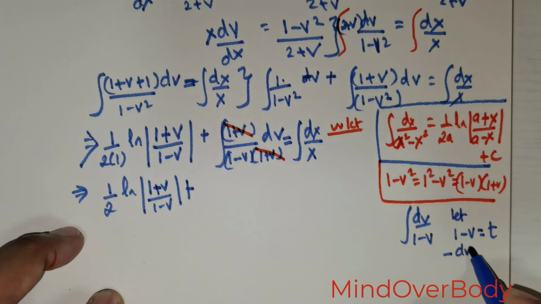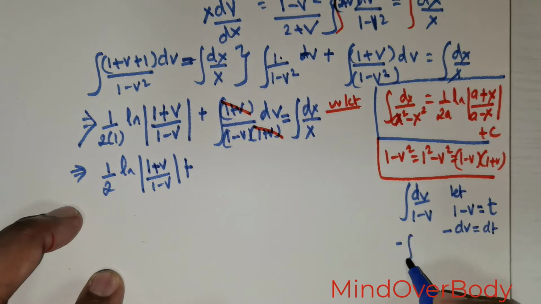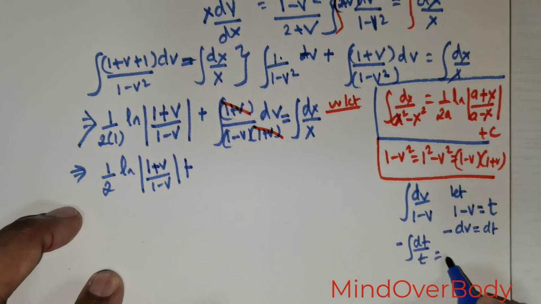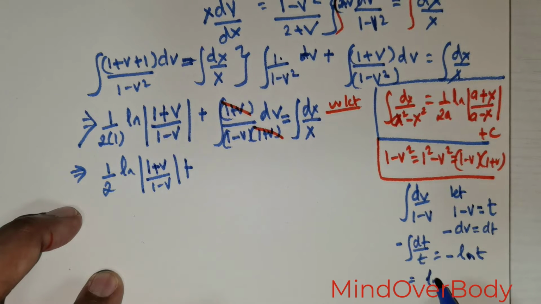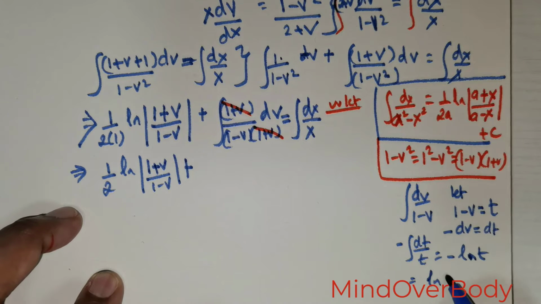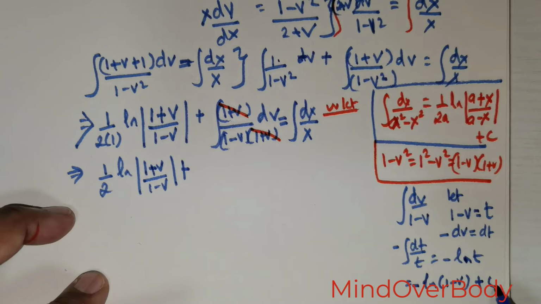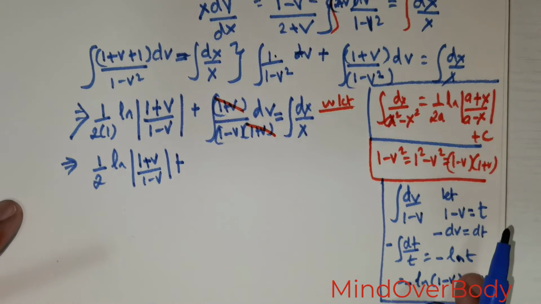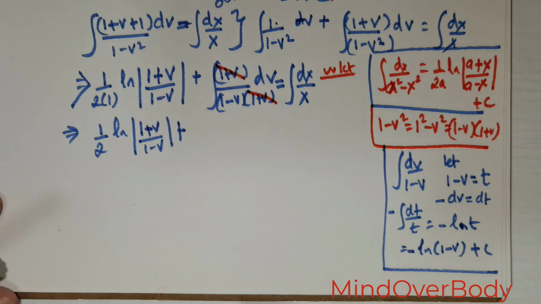So negative dv is equal to dt. So this is going to be negative dt over t, which is nothing but negative ln t, which is ln of 1 minus v. Of course I got a negative sign, probably I'll just place a negative sign here. So what I would do is I will just substitute this in place of it.